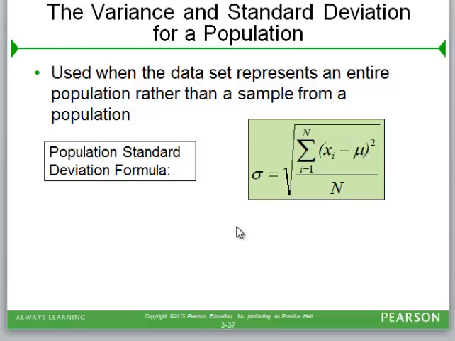So far there are 4 symbols you have to remember. We use mu to represent the population mean. We use x bar to represent the sample mean. We use s to represent the sample standard deviation. We use sigma to represent the population standard deviation.